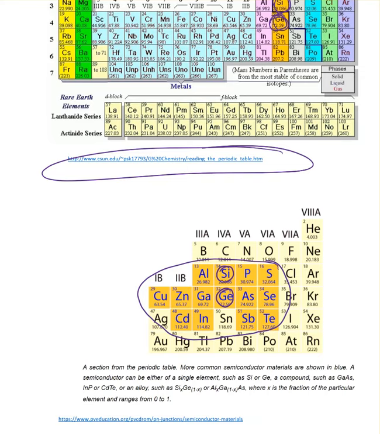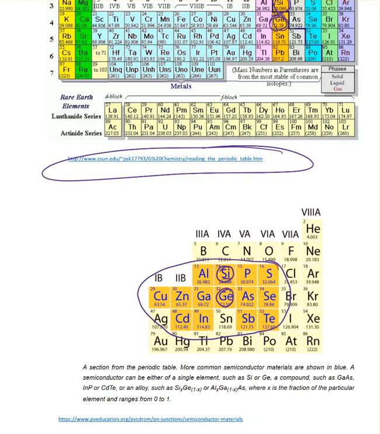As I mentioned, silicon is the cheapest one, and most of our electronic components, the materials in your cell phone, in the motherboard of a computer, most of them are made with silicon.